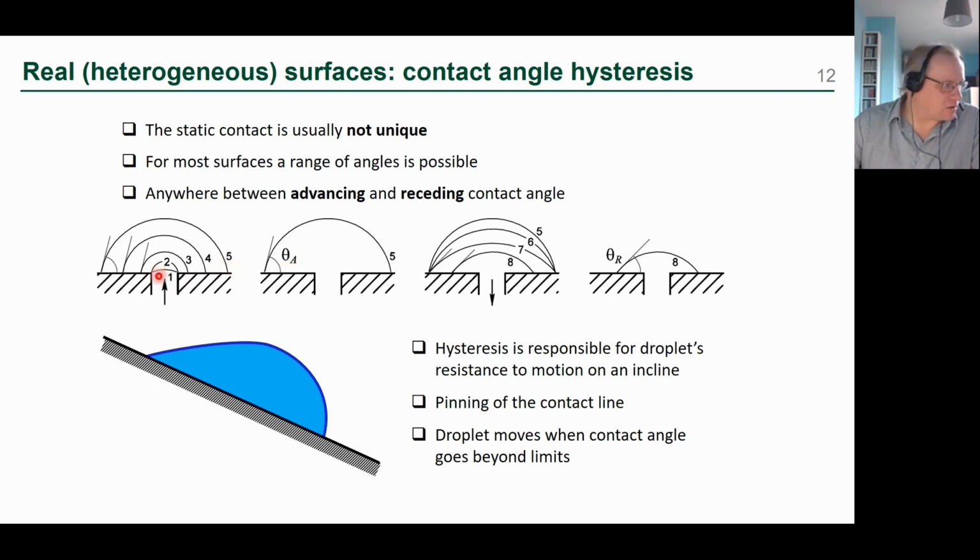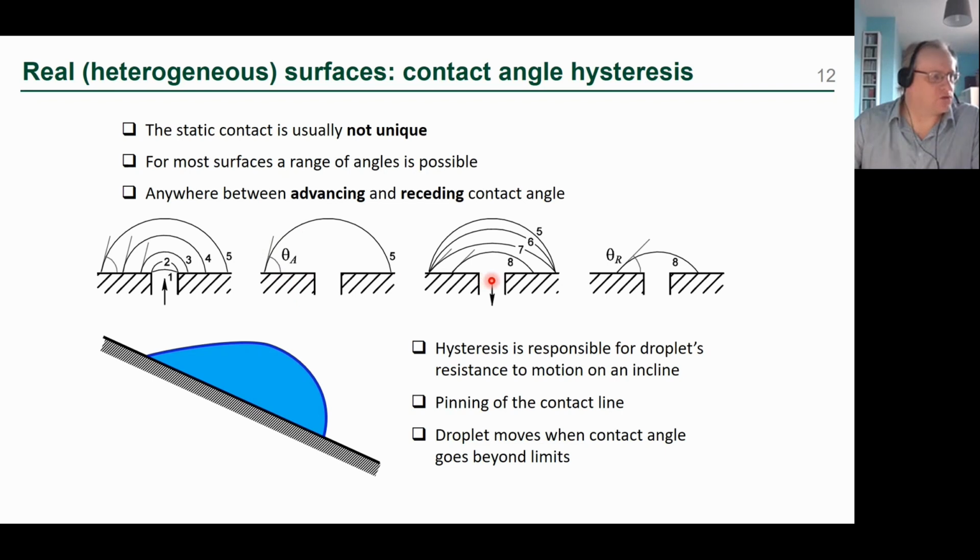As we start to inject the liquid out onto the substrate, the droplet will grow until the contact angle reaches a certain value, and then it will start to spread over the surface. So if we stop at 0.5, we can then measure the angle, and that will give us the advancing static contact angle.